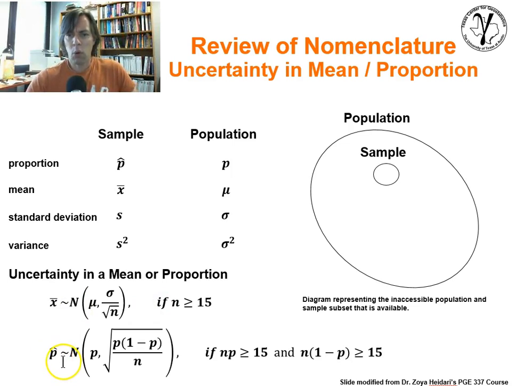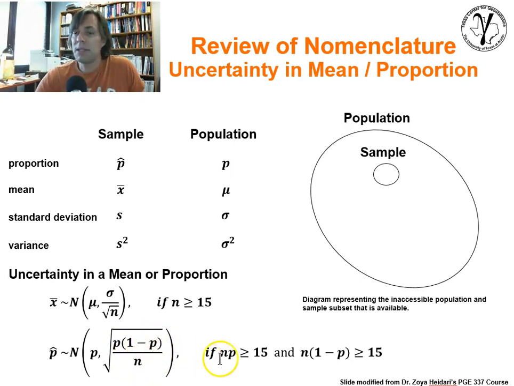The uncertainty in the proportion is going to be distributed with a normal distribution around the population proportion, with the standard deviation being the square root of the proportion times 1 minus the proportion divided by n.